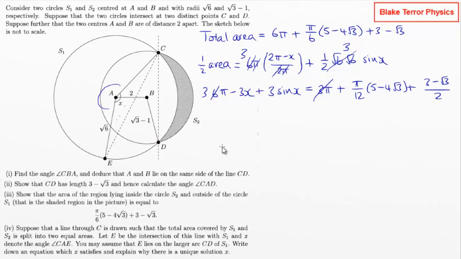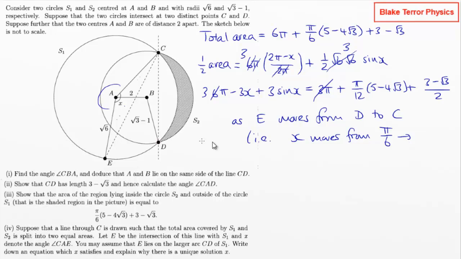So what's happening then? As we're moving from D around to C, that area is just getting smaller. So that's quite an easy explanation on this one. So as E moves from D to C, i.e. x goes from, what did it start at? It was 30 degrees, wasn't it, originally, I think? X moves from 30, so pi over 6, to, if it goes all the way around, it'd be at 2 pi.